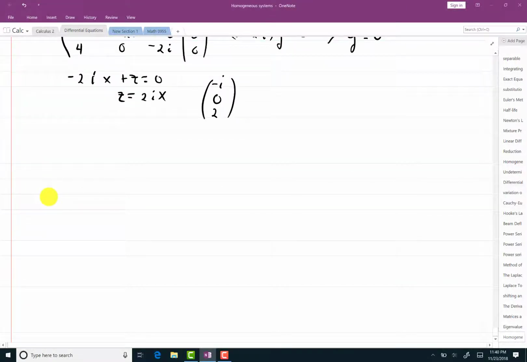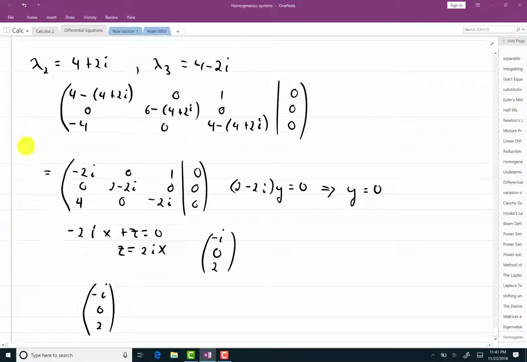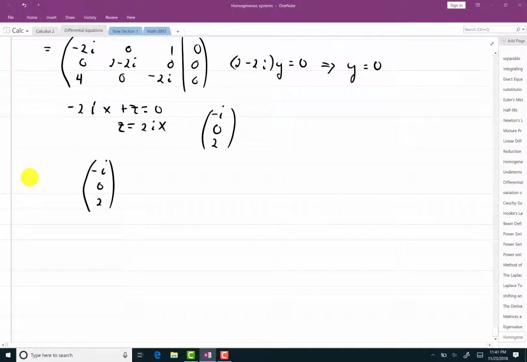So then we have negative i, 0, 2, and this was attached to lambda equals 4 plus 2i. So I'll put an e to the 4t in front of it, but behind it I'll put an e to the 2it. I don't want to forget that.